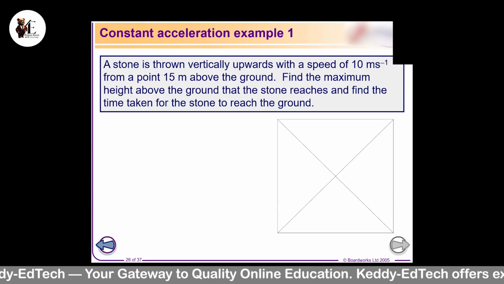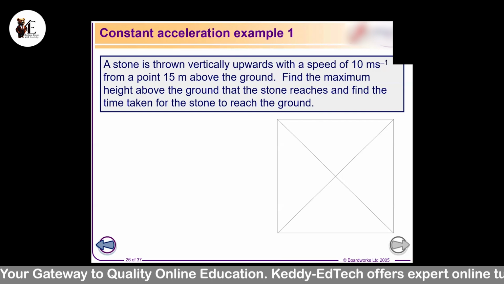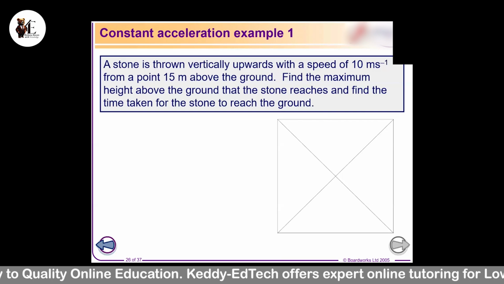Okay, then please look at the question, see if you can do that or not.